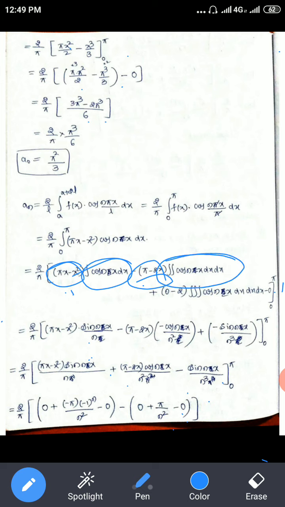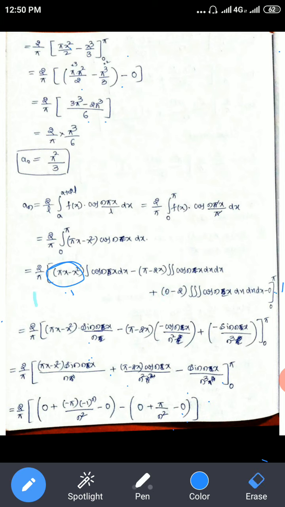Next, negative sign not here, so positive sign will come. Differentiation of pi is 0, differentiation of 2x is minus 2, triple integration of cos of nx dx dx dx. Next here plus sign, next minus sign into 0.